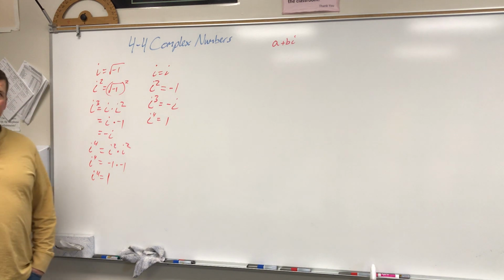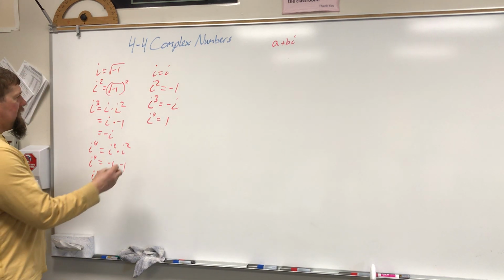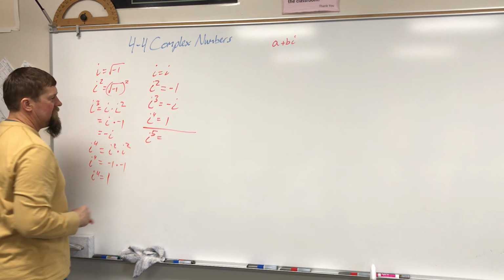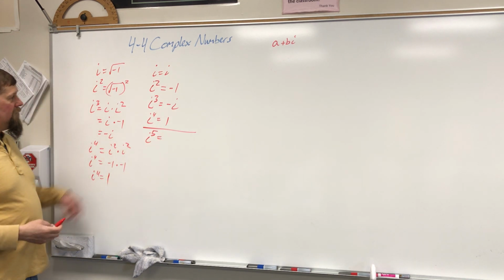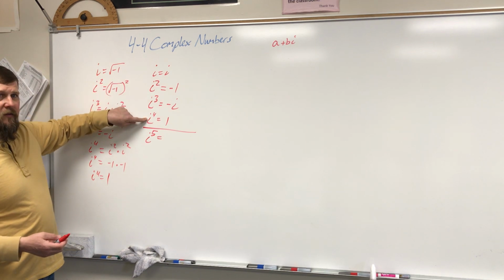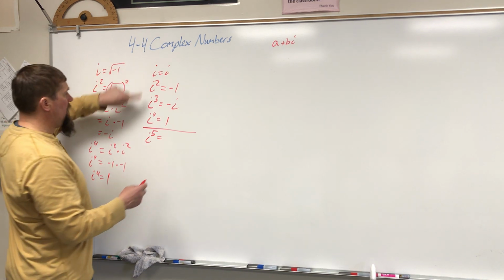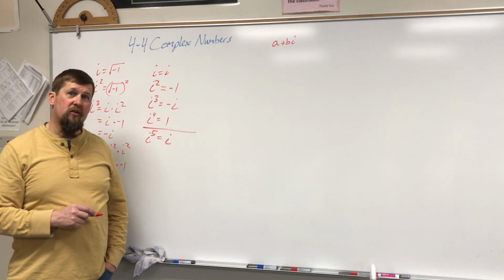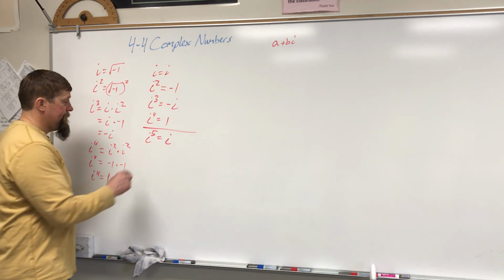Now this actually repeats, because if you think about it, i to the 5th is i to the 4th times i. Well, i to the 4th is 1, and 1 times i is just i. So when you get to i to the 5th, it's the same as i.